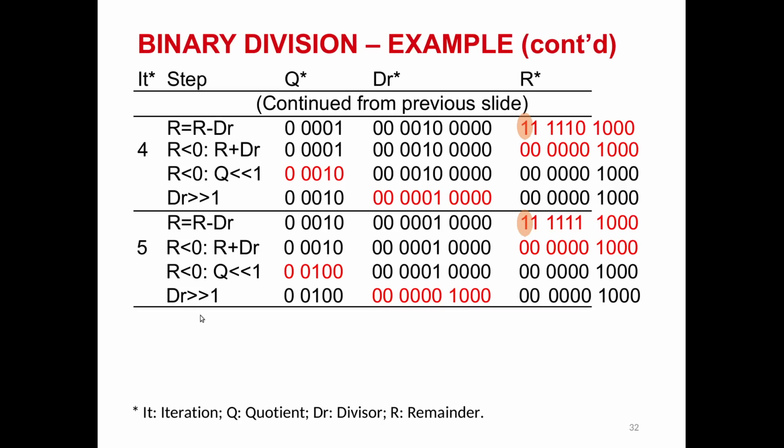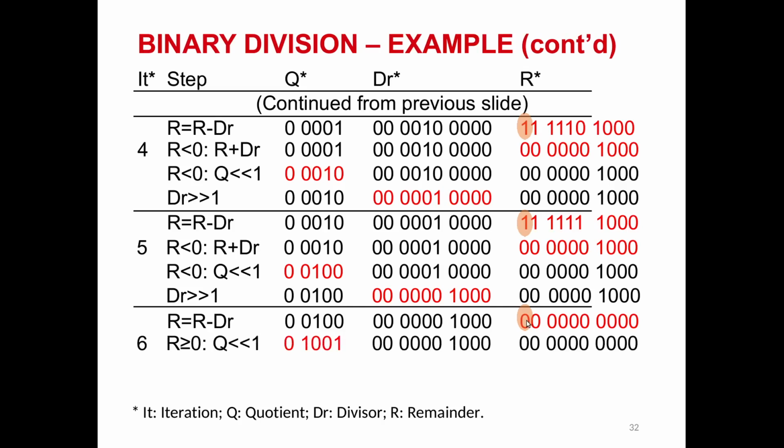And in the 6th iteration, we will take the value of R here and subtract DR. You can see that these two values are the same, so the result will be 0 0 0 0 0 for R, and this 0 implies that R is larger than or equal to 0, and so we don't need to revert R back to the previous value.